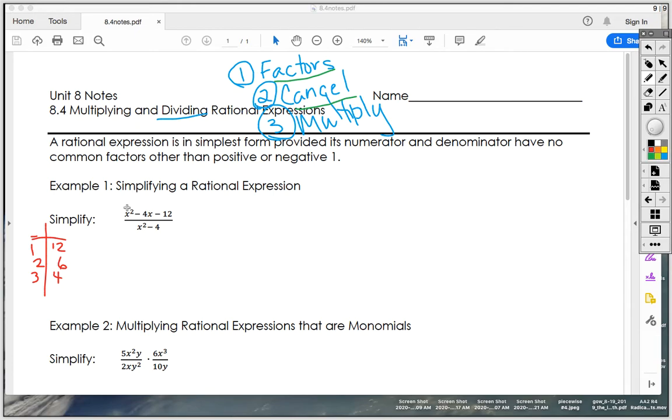Because my B factor is negative, the larger number is going to be negative, the smaller number is going to be positive. And I'm going to add these together. 1 plus negative 12 is negative 11. 2 plus negative 6 is negative 4. This is the pair that I use. So this becomes x plus 2 and x minus 6.